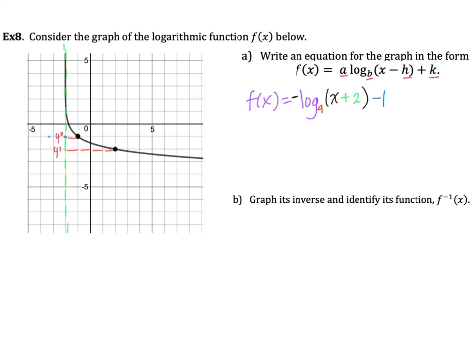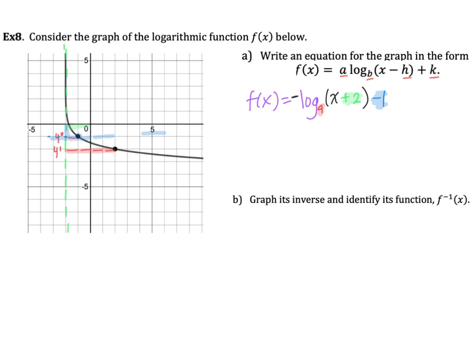All right, is this what you got for your logarithmic equation? F of x equals negative log base 4 of x plus 2, minus 1. So you can see the base here, 4 to the 0, 4 to the 1, so that's why I have a base of 4. I move to the left 2 units, so that's why I have plus 2. And I move down 1 unit here to get my x and y axes right on this level of this point closest to the asymptote, so that's why I have a minus 1.